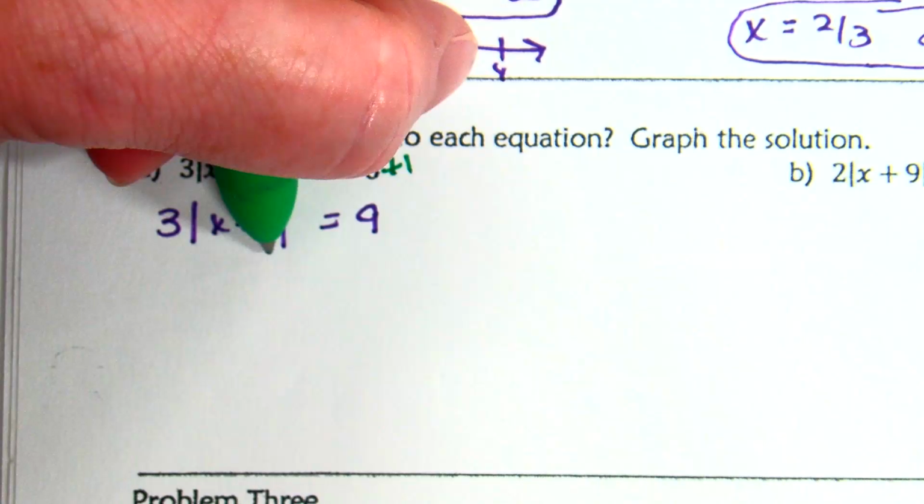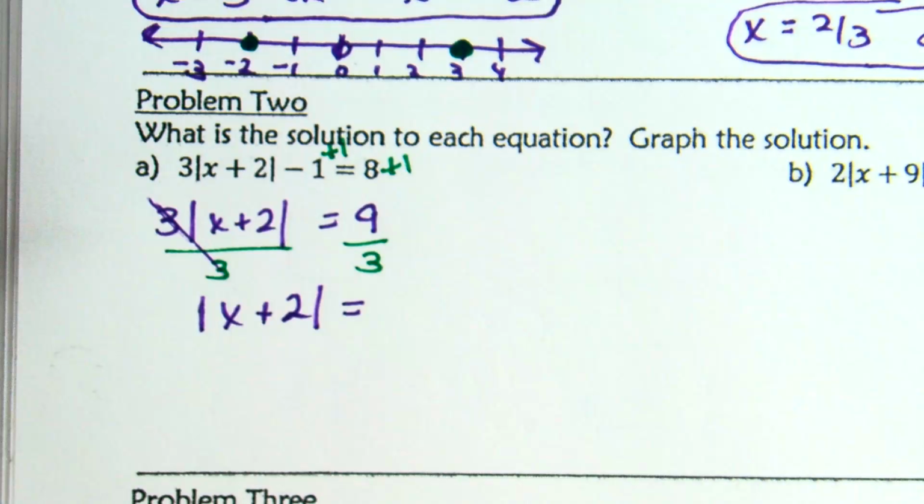What are these 3's going to do? They cancel, right? Absolute value of x plus 2 equals 9 divided by 3, which is 3. Now is my absolute value by itself. We've made it. We're there.